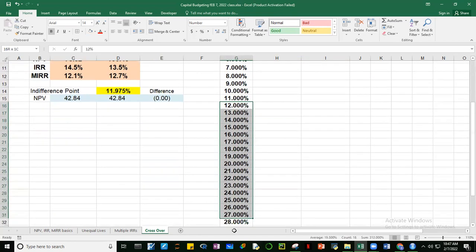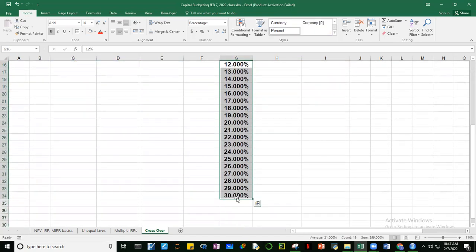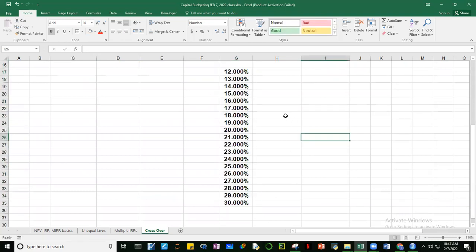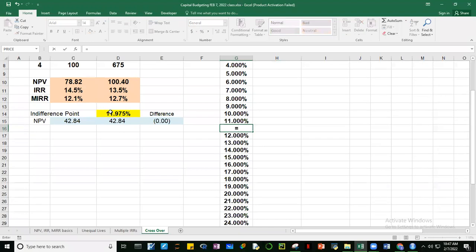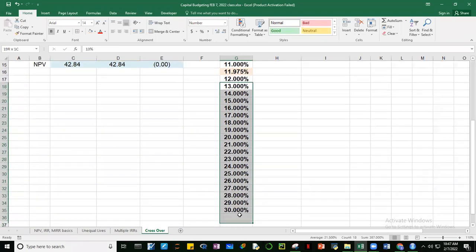So first, itong indifference point natin 11.975. Okay, so dito I'm going to insert this is equal to 11.975%. Yun, no? So pinapasok natin yung mga ibang and then 12.1 and 12.7, pasok natin sila.